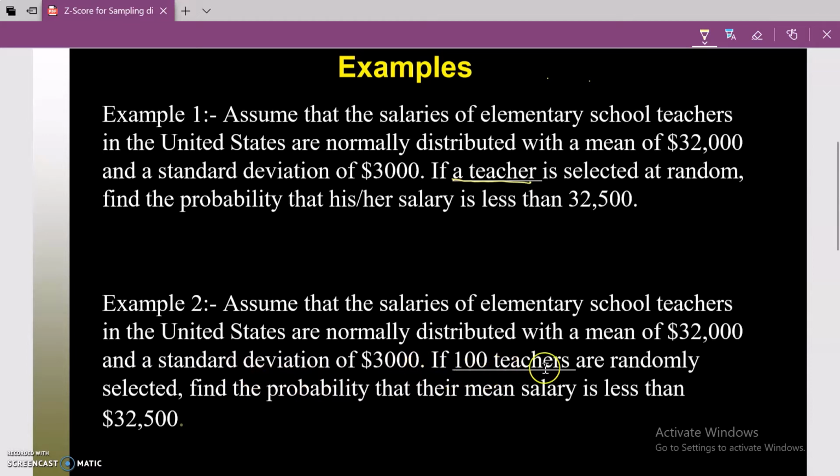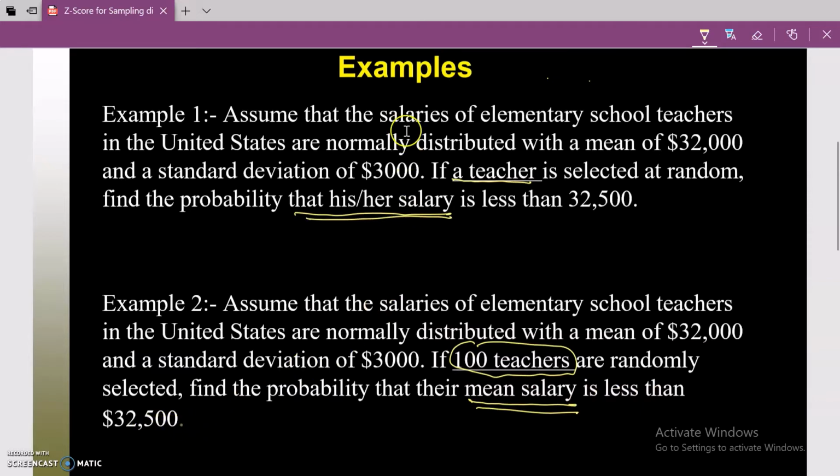If 100 teachers, not one teacher but 100 teachers, are randomly selected, find the probability that their mean salary, not the salary of one randomly selected person, is less than 32,500. Here we are talking about the average salary of these 100 people.